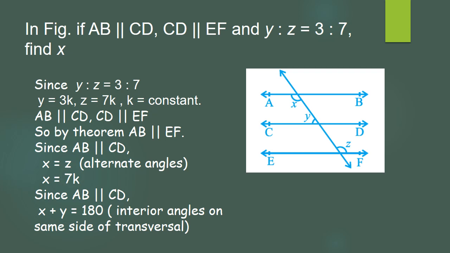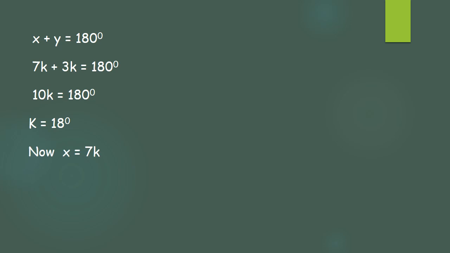Now we know that x is 7k and y is 3k. So 7k plus 3k is equal to 180, 10k is 180, k is 18. They have asked to find out x. What was x? 7k. So replace the value of k as 18. 7 into 18, we get 126. So we get the value of x as 126.